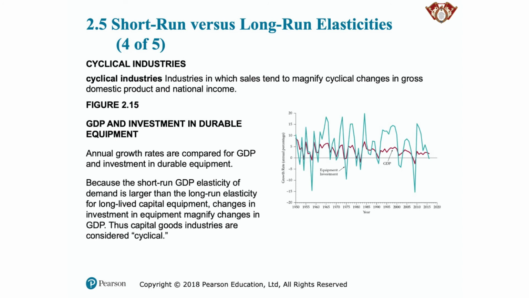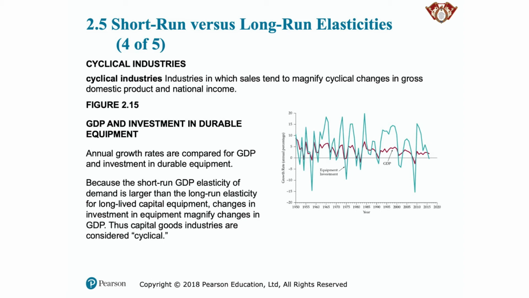Now think about cyclical industries. Cyclical industries are industries in which sales tend to magnify cyclical changes in gross domestic product, GDP, and national income. Right? GDP and investment in durable equipment. Annual growth rates are compared for GDP and investment in durable equipment.